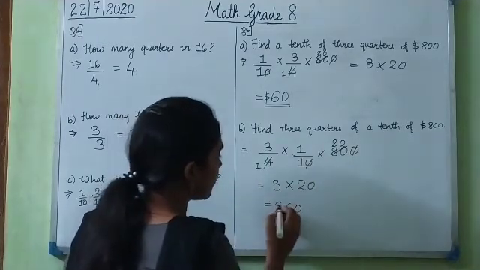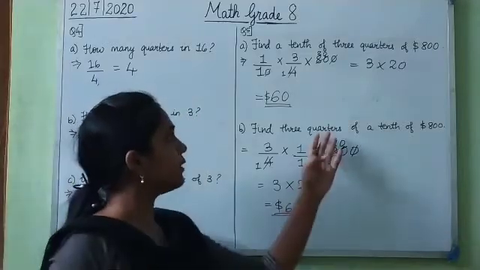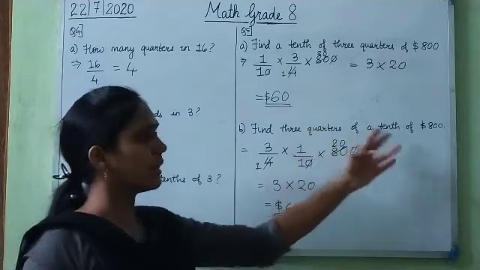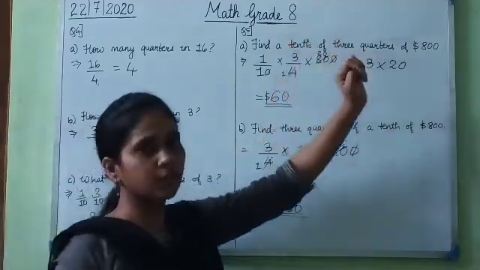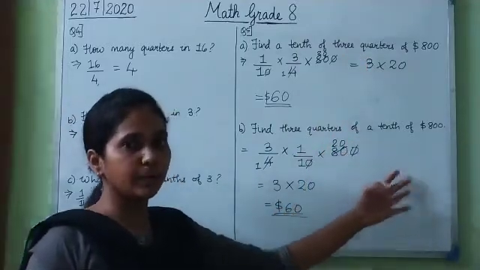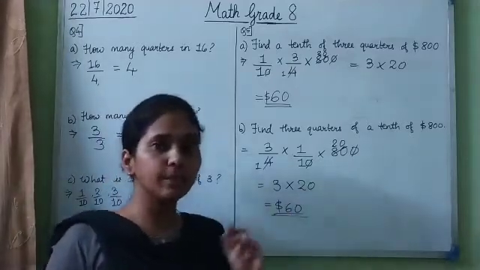And this was also given in dollars. So it is again $60. Okay. So we see that even if we rearrange the terms, like first if we write 3 quarters and then the tenth, or if we write first the tenth and then 3 quarters, and if they are multiplied, here of is given, that means they are multiplied, then the answer is the same. Okay. Even if we rearrange the terms, the answer will be the same.